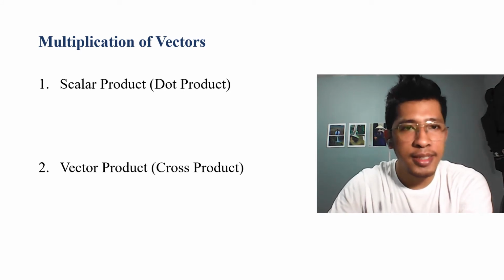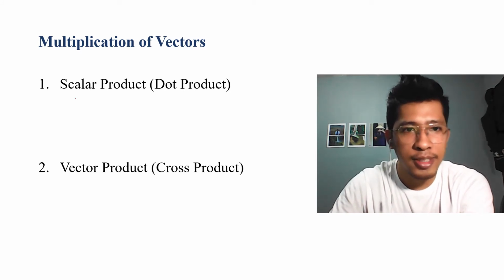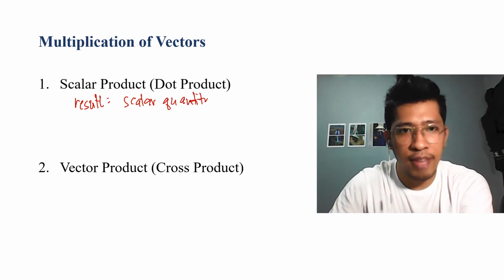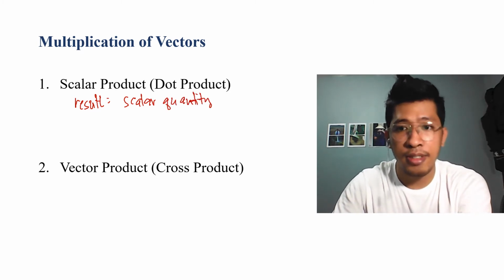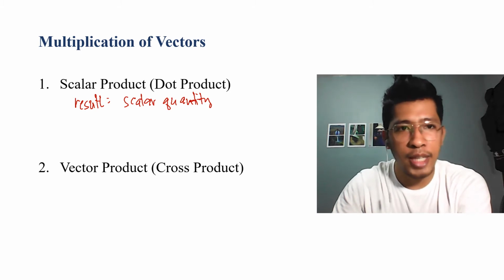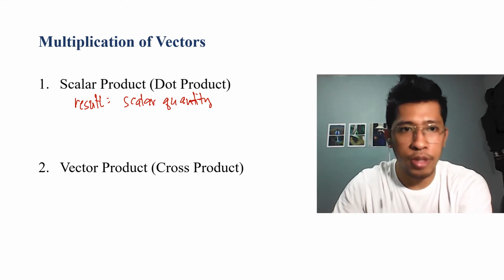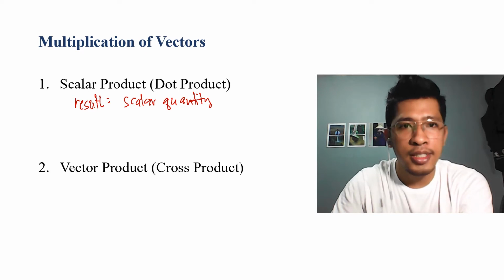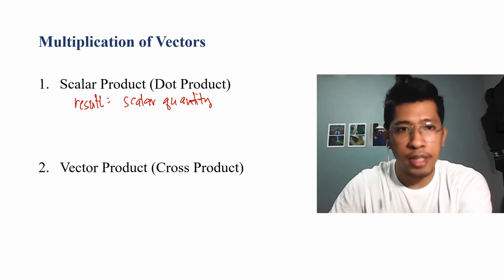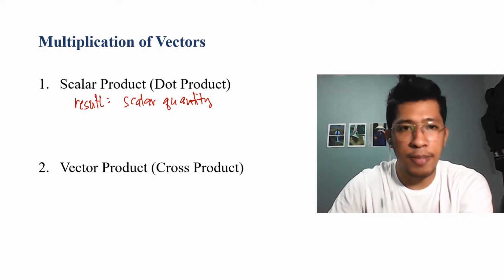So the scalar product, its result is a scalar quantity, meaning you just have a single number from the scalar product of your two vectors. This is also called the dot product because of its symbol.